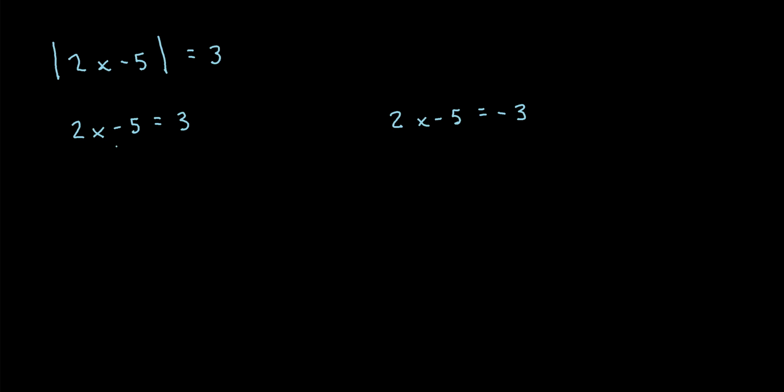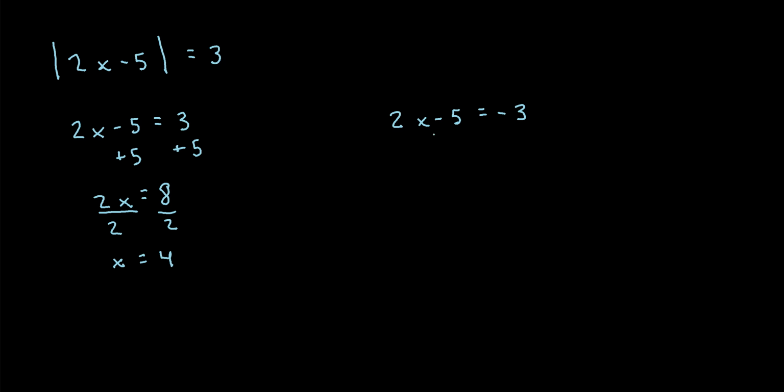So to solve for x on this one, we can add a 5 to each side. Plus 5 plus 5. So we're left with 2x is equal to 3 plus 5. That's 8. Now to solve for x, we can just divide each side by 2. That leaves us with x is equal to 8 divided by 2. That's 4.